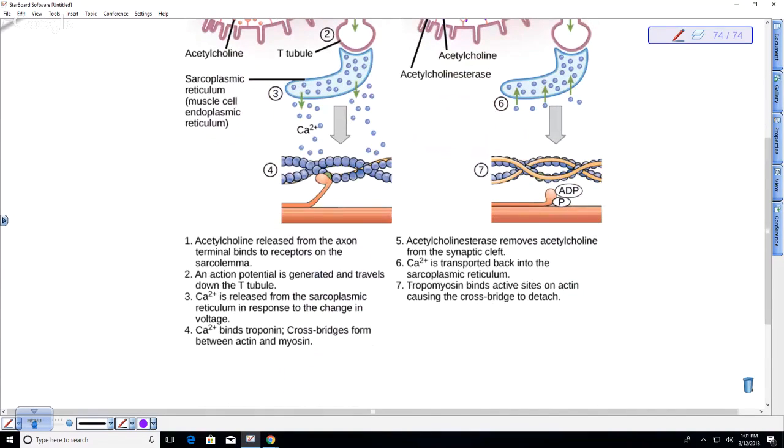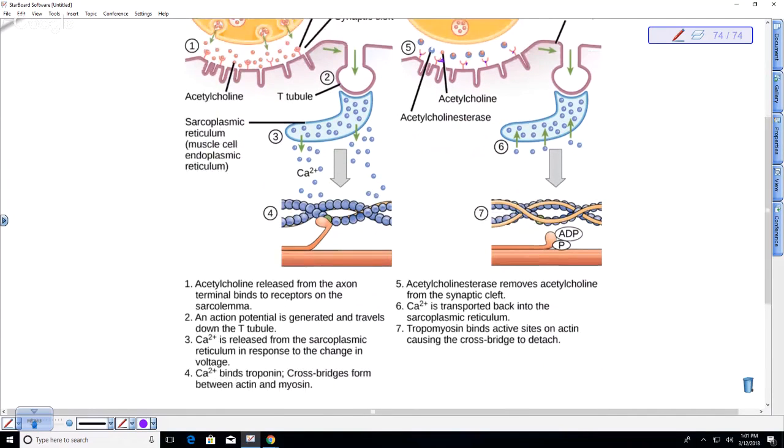Okay. And then this causes, notice here, the troponin, which is this yellow shaped molecule, is not covering the sites in which the myosin head wants to bind to the actin. Here it is. So if acetylcholine is not released, then no contraction will occur because the myosin cannot bind to the actin.